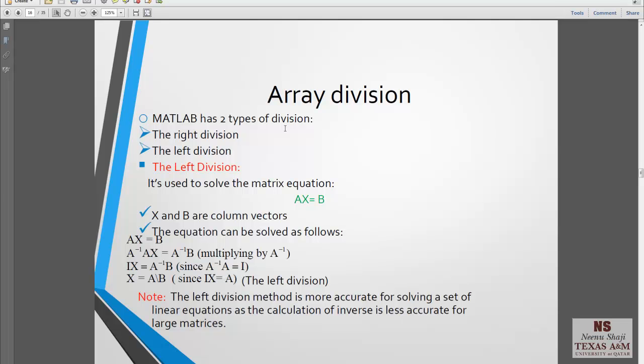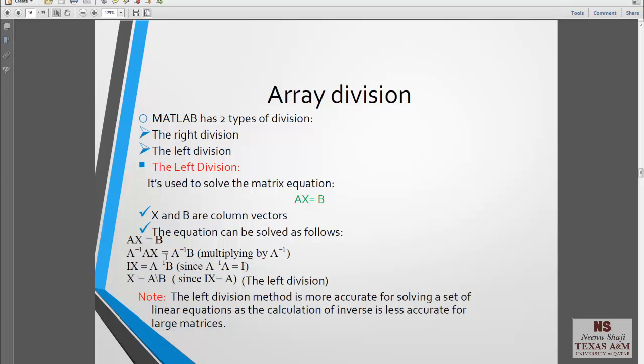Matlab has two types of division, the right division and the left division. The left division is used to solve the matrix equation A times x equal b, where x and b are column vectors. Now the equation can be solved as follows.